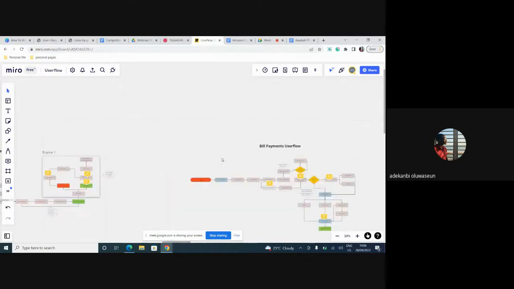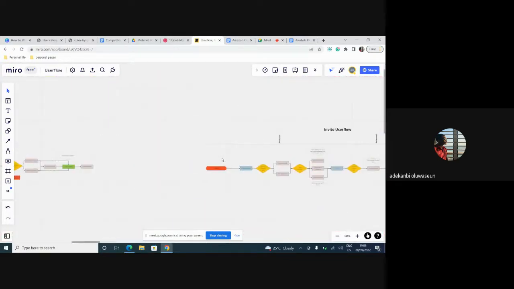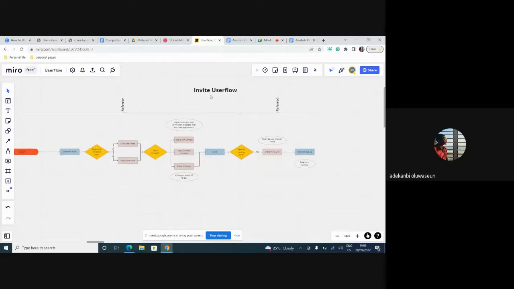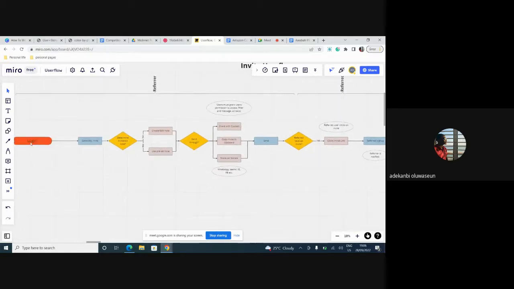So there's so many examples of flow. Okay, let me show you this, right? So this is for invite and referral. So look at how it works. You log in, you generate the invites, you determine if you want to write the notes within the invites. If you want to write the notes, give them the option to edit or create a note.